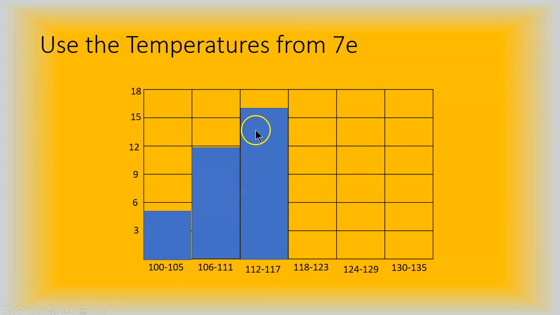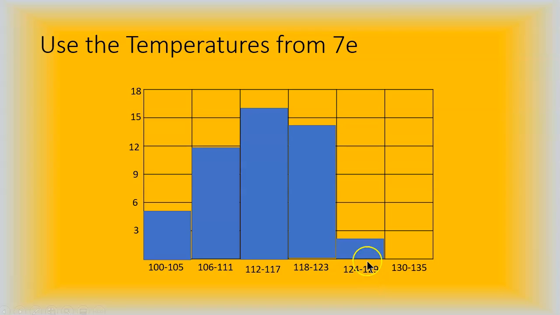There's 16, because that's 15 at the line, and 1/3 of the way up is one more. 118 degrees to 123. Bloop! Almost 15, that's 14. So 12 plus 2/3 of the way is 14. 124 to 129 is just 2. And 130 to 135 is just 1. Okay? So easy, right?